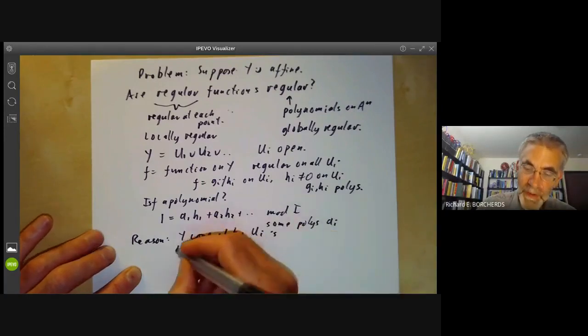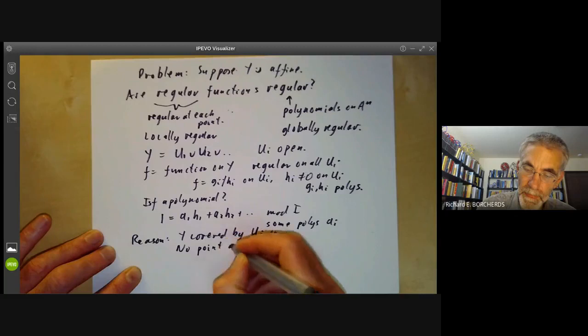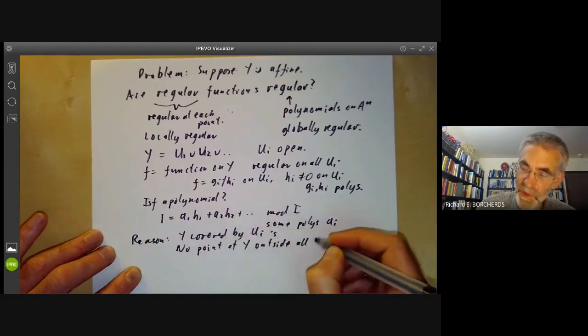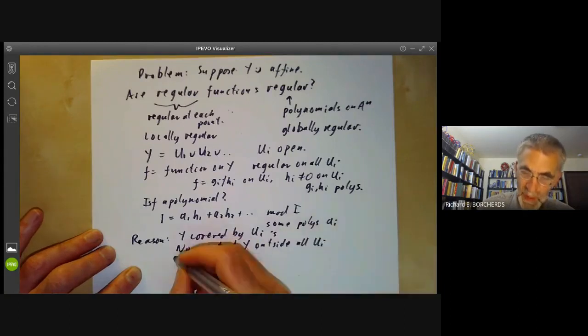Well, this means that no point of Y is outside all the Ui's.